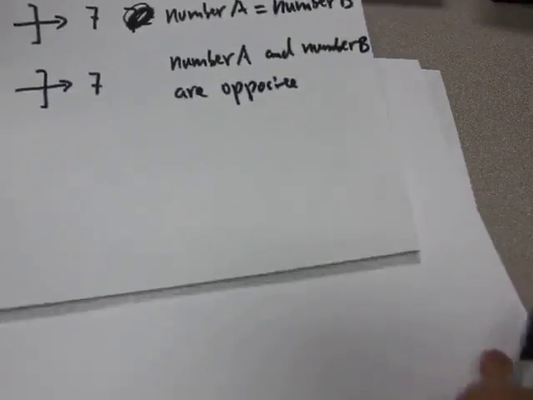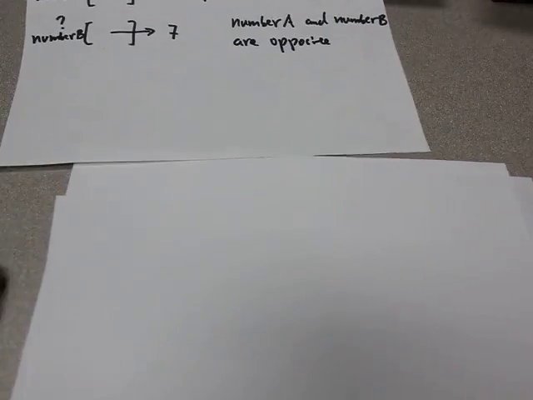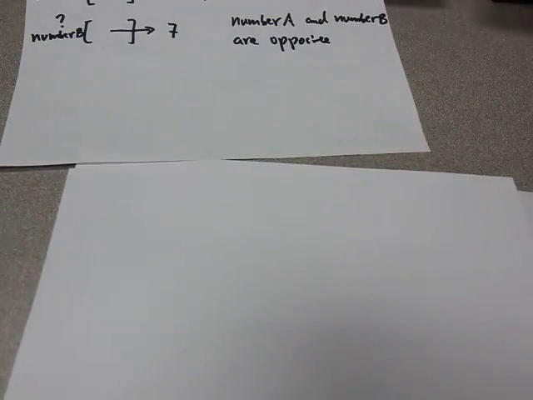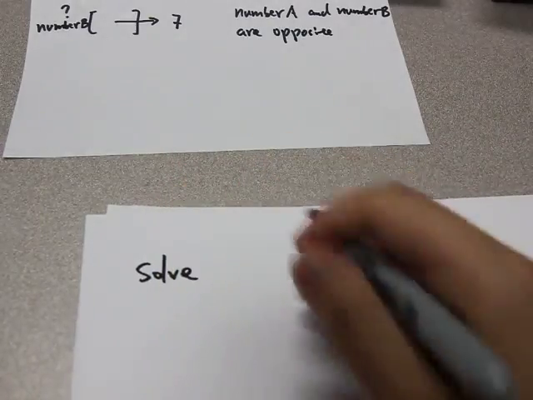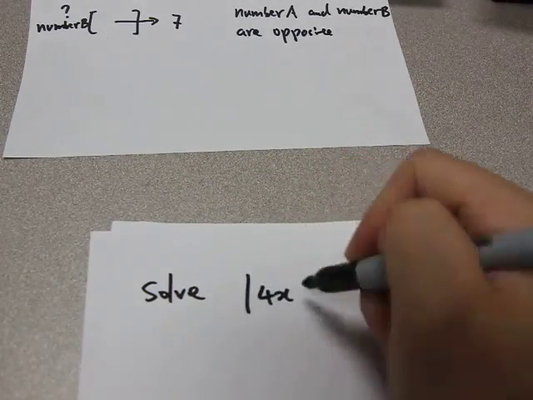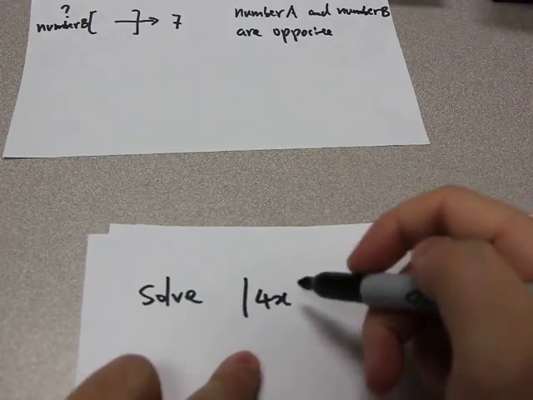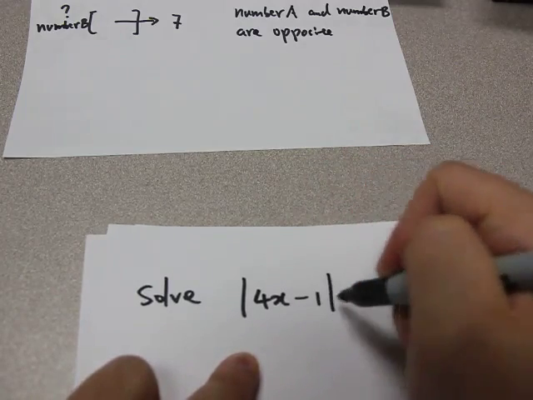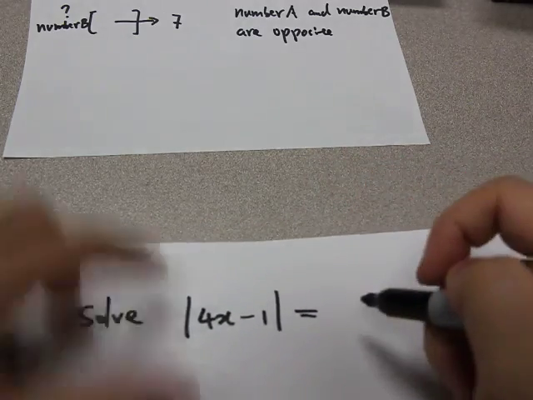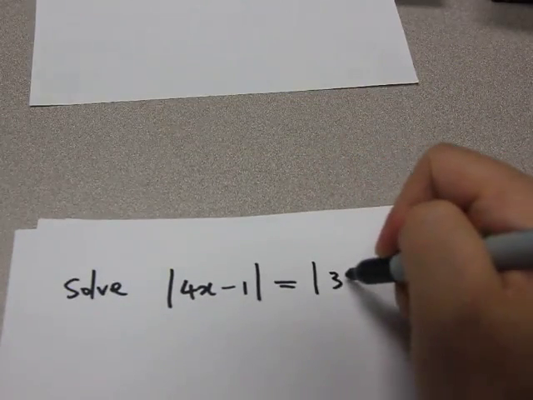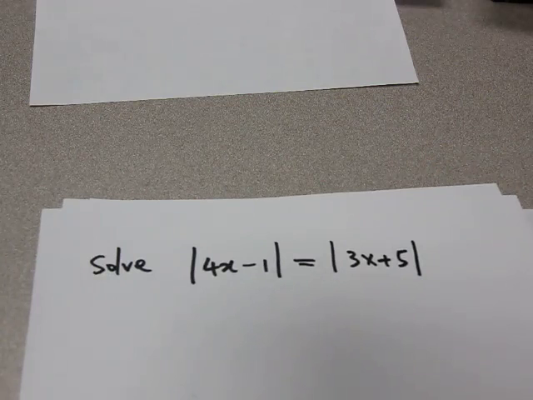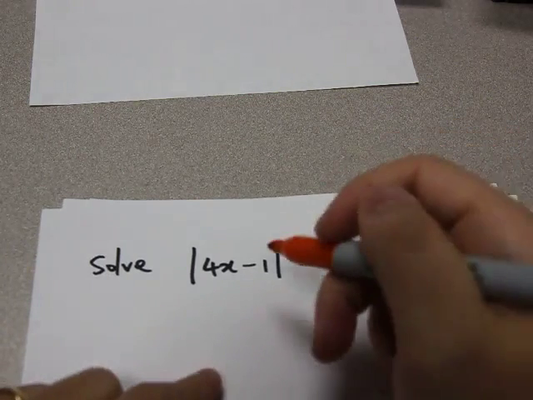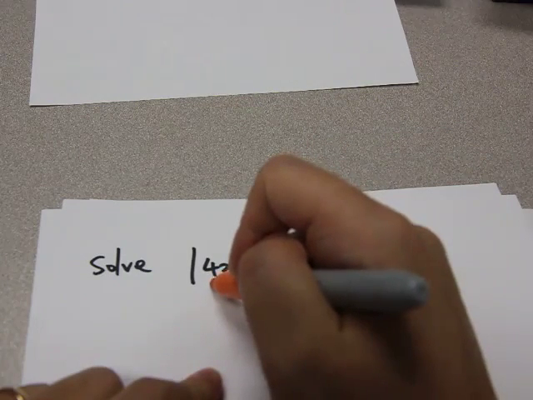So when we are given an equation like this, for example, the absolute value of 4x minus 1 equals the absolute value of 3x plus 5. Now here, each algebraic expression represents a number.